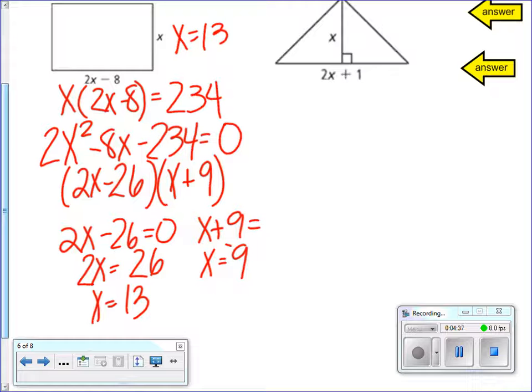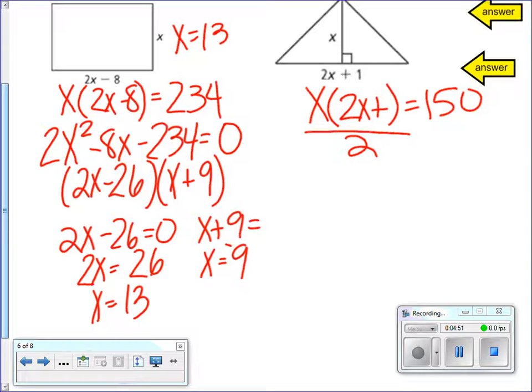And this one, to get the area of a triangle, it's 1/2 base times height. So I'm going to do the base times height over 2. Multiply both sides by 2, and I get x times 2x plus 1.